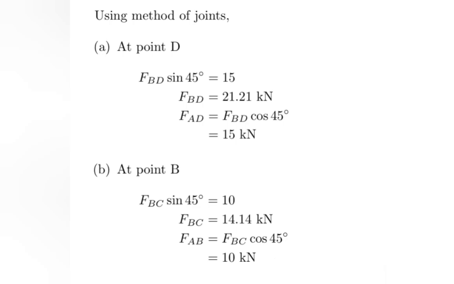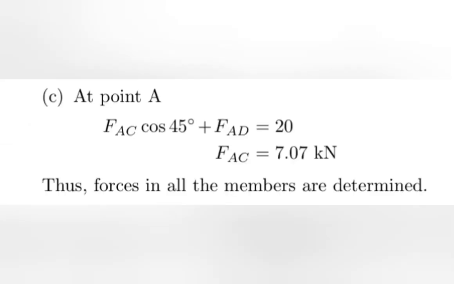Because I am taking only that small component, for equilibrium the FBC sine 45 component should be equal to the 10 kilonewton force downward. So from that I get FBC as 40.14 kilonewton. Similarly I can find FAB as FBC cos 45, so it is 10 kilonewton.